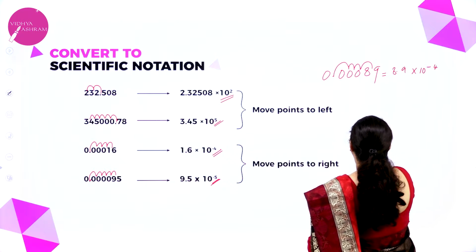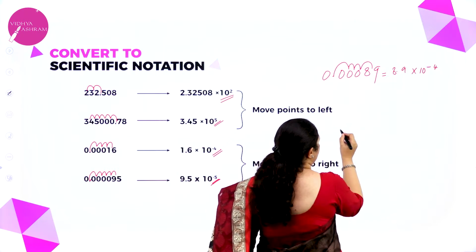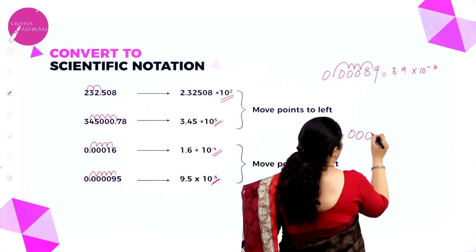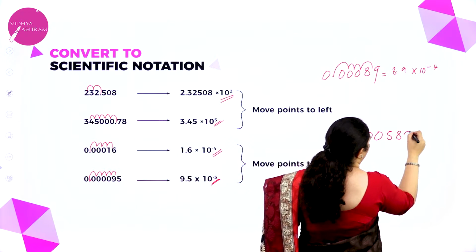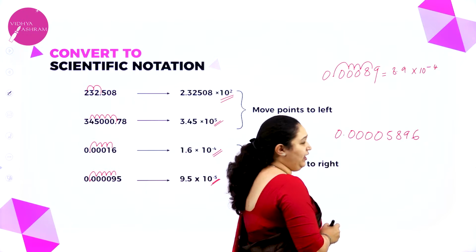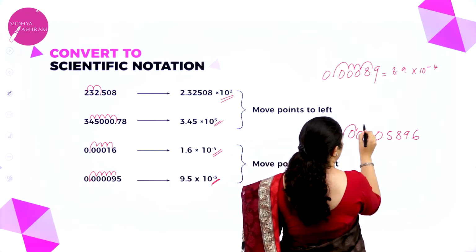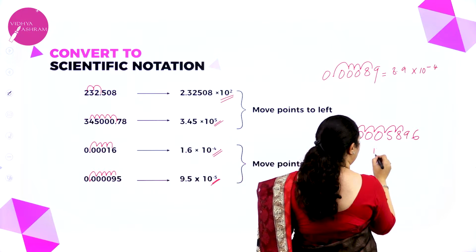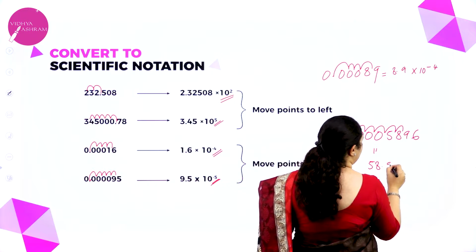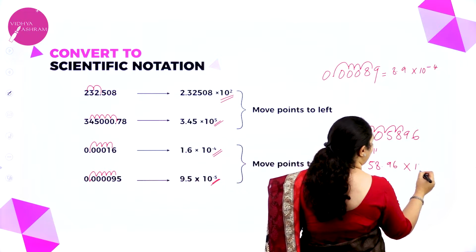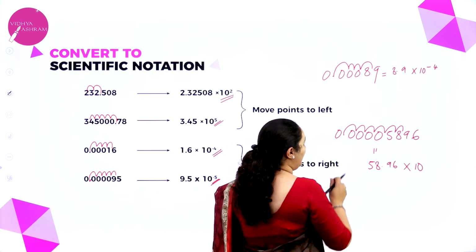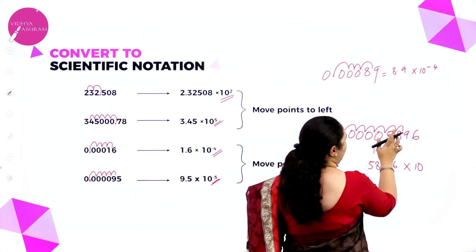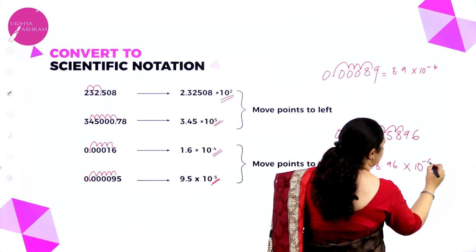Okay. Now for example, I have something like this: 0.0000586. Now I'll move like this: 1, 2, 3, 4, 5, 6 places, and I have written it as 58.6. I moved the decimal point 6 places, so it is minus 6.